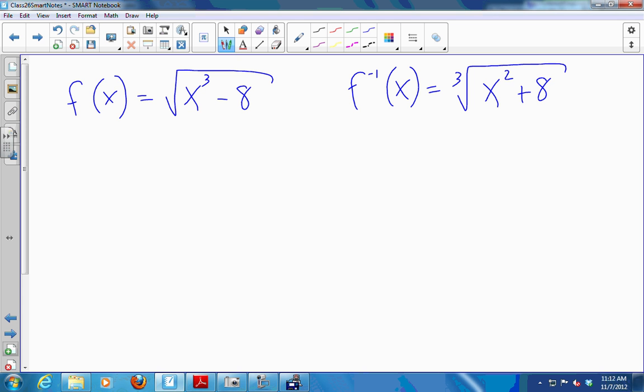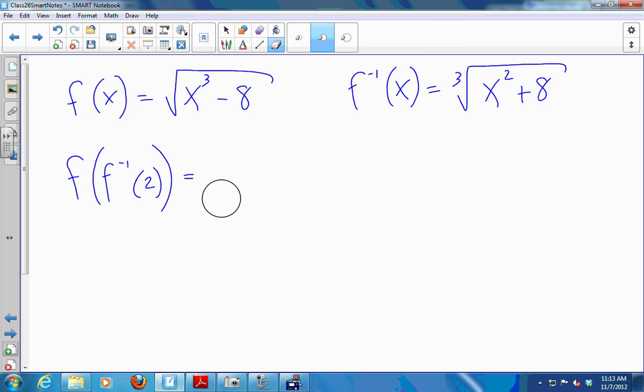So let's just check f of f inverse of 2. So plug a 2 into f inverse, and what do you get? I get 2 squared, which is 4, plus 8 is 12, and then cube root it. So I get the cube root of 12.